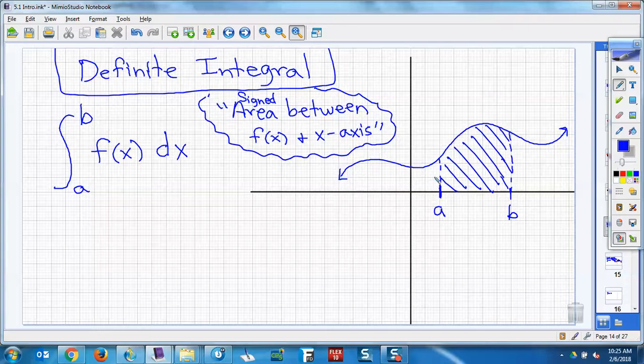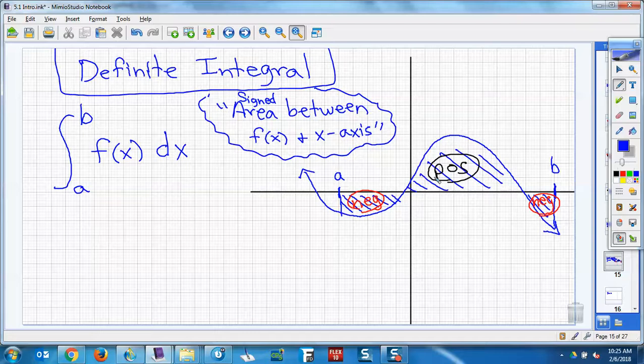All right. Now, you might want to throw this picture on there as well, just to show that sometimes you get negative area. The way we read that is the integral from a to b, the bottom number we read first. We would like for a to be to the left and b to be to the right: the integral from a to b.